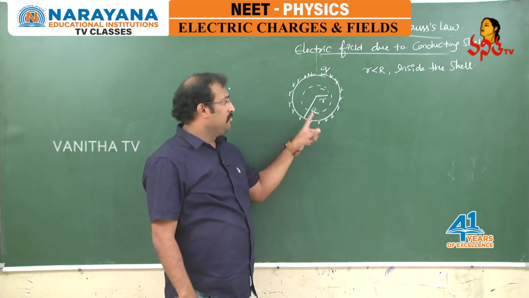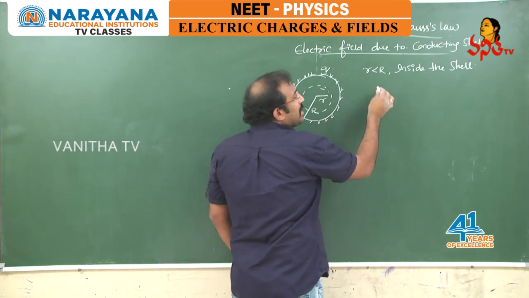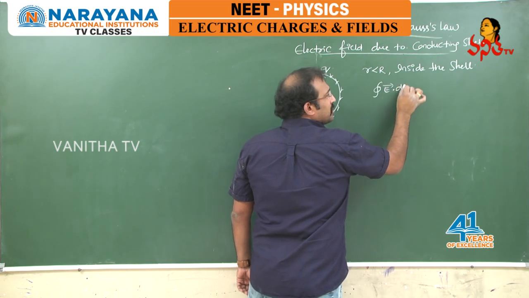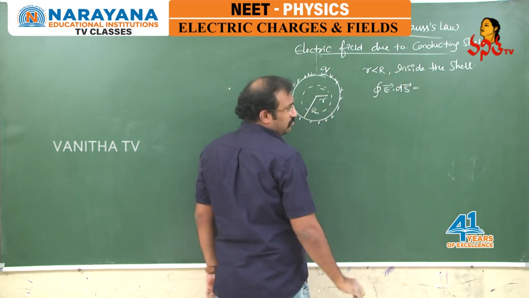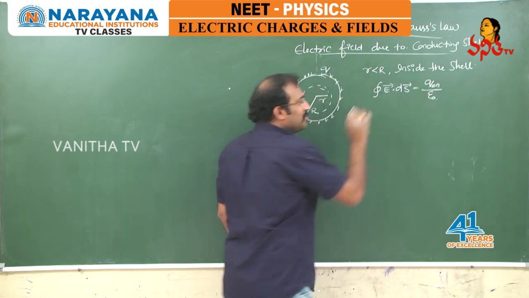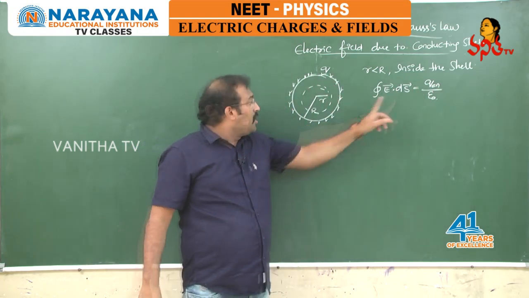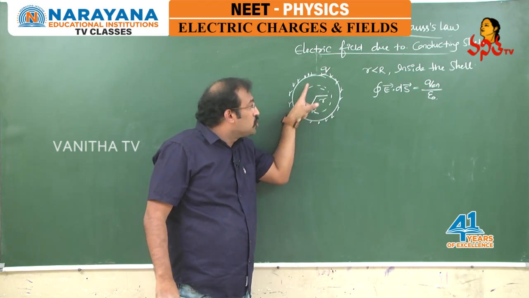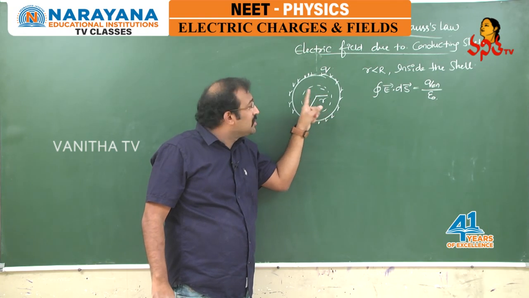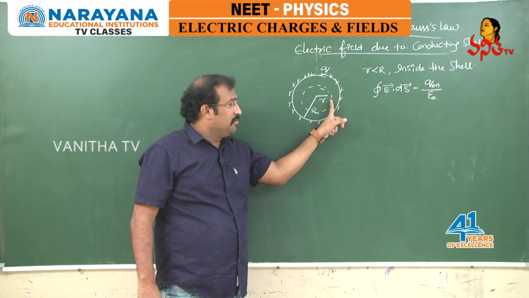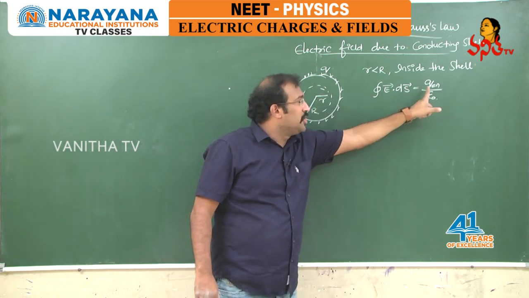Inside the shell, if I apply Gauss law, the equation is given by the closed integral of E bar dot ds bar equal to Q enclosed by epsilon naught. Now, the charge enclosed by this Gaussian surface, which is drawn inside the shell at a distance r less than the radius of the shell, is 0.